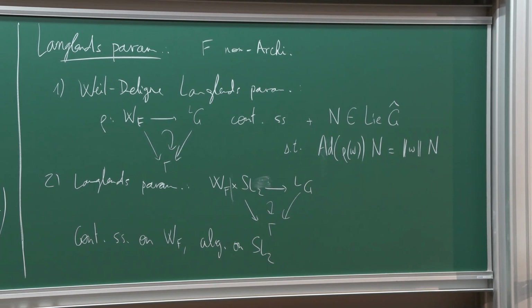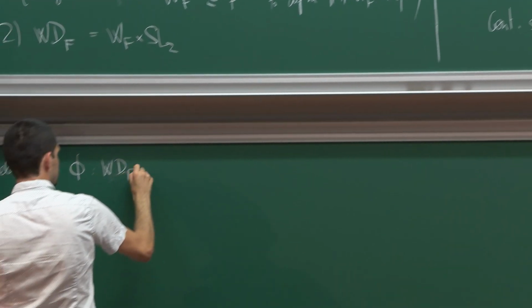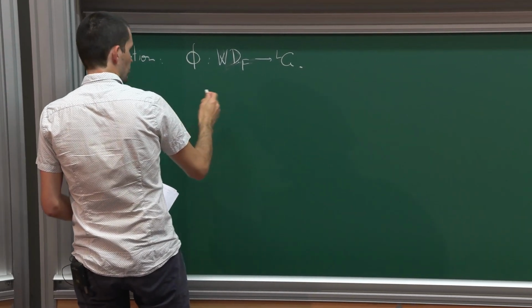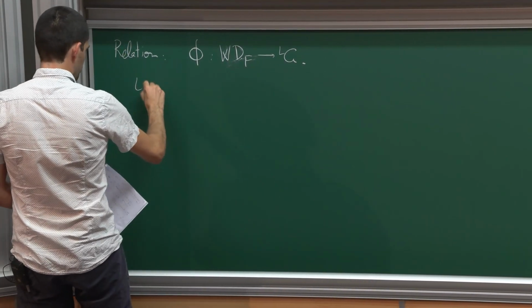So if you start from phi Langlands parameter, and you can compose with, okay, everything is called iota, I'm sorry.